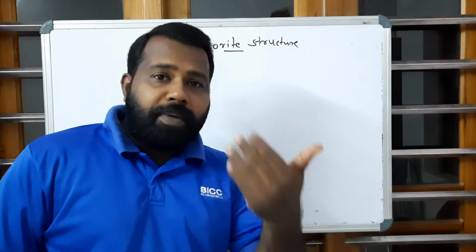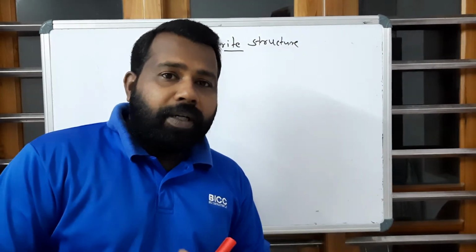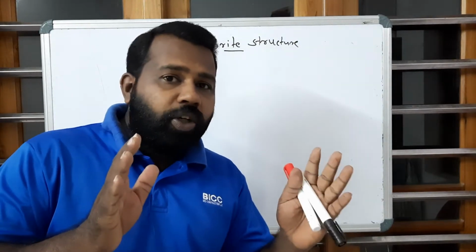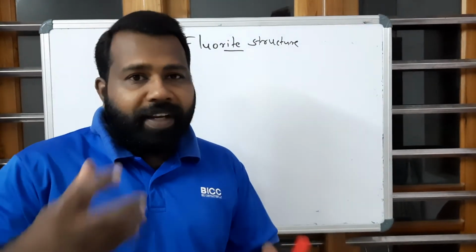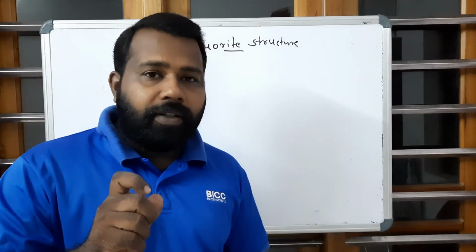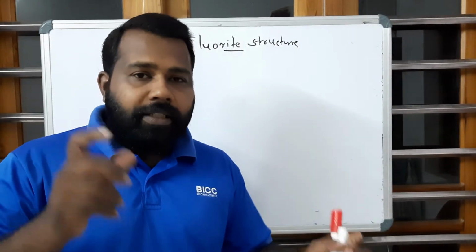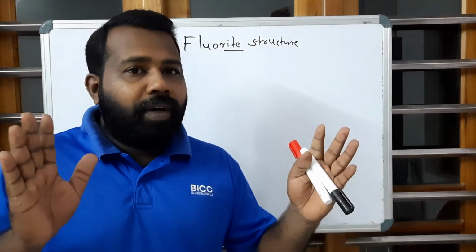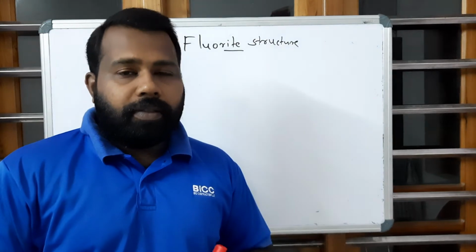In the previous sessions we looked at the face-centered cube or simple cube. The face-centered cube is made up of anions, because when comparing the size of anions with the size of cations, the size of the anion is a little bit larger. That is the reason the face-centered cube is made by these anions.